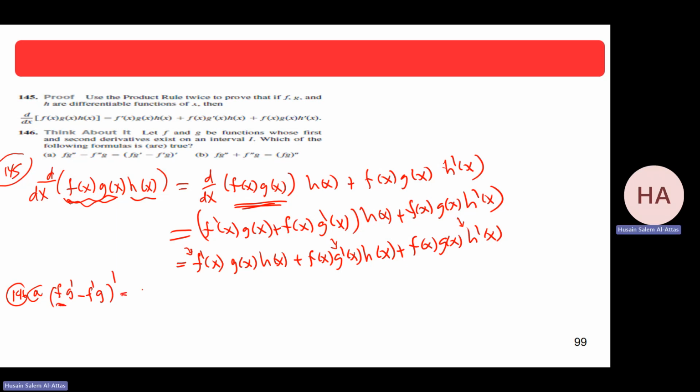So that will be f prime, derivative of the first, times the second, minus f, the first, times the derivative of g prime, which is g double prime, minus now the derivative of the first, which is f double prime times g.